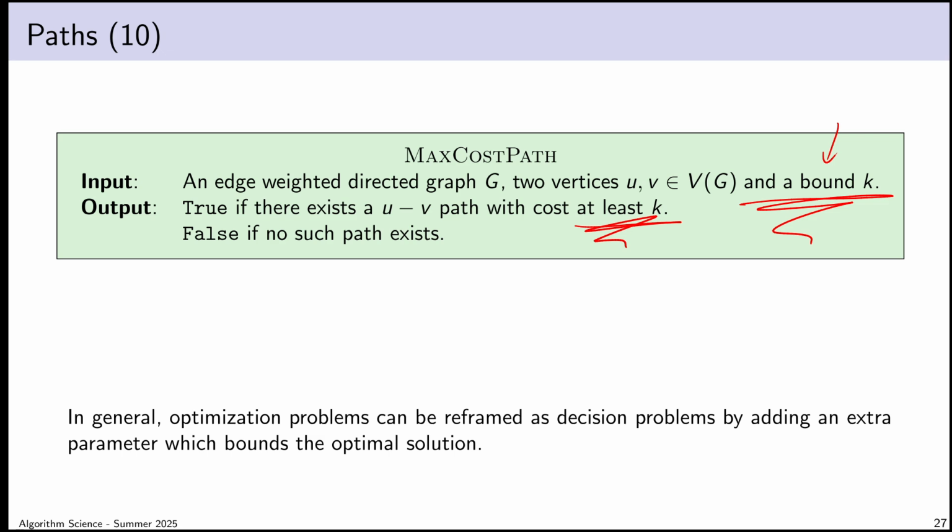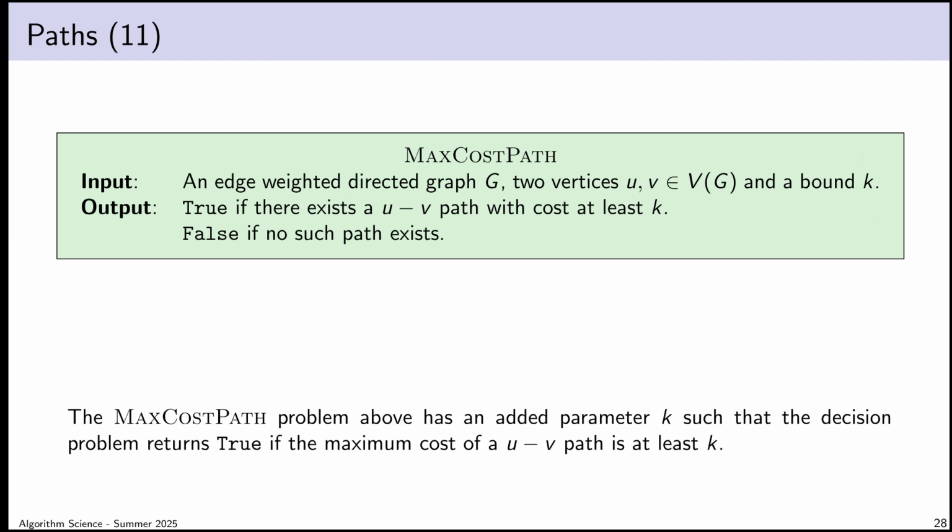And we can observe that this does give us some way, if we wanted to, of solving the optimization question. If I wanted to ask what is the maximum cost, I could just keep using the decision problem over and over again with different values of k to narrow down what the maximum cost actually was.